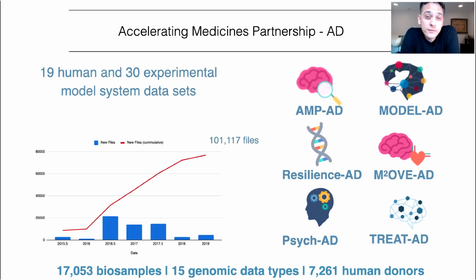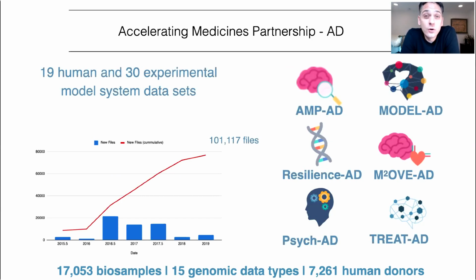So one of the suspicions is that there's a monoculture. A lot of effort has been focused on a few set of targets. And so the AMP-AD was initially formed with the idea of expanding these targets by looking at systems biology approaches and identifying new targets.